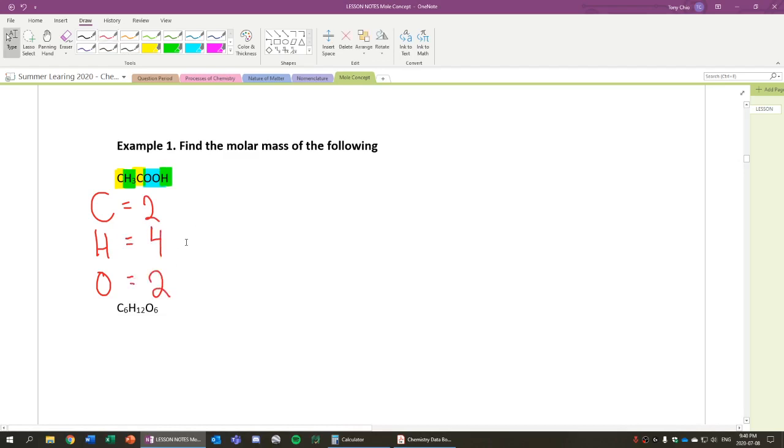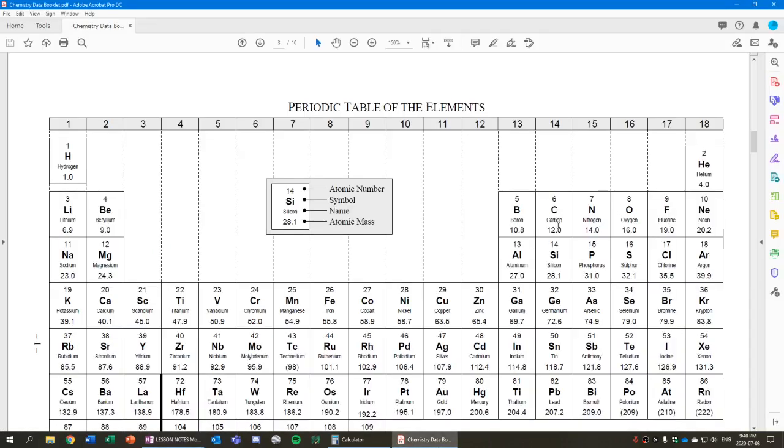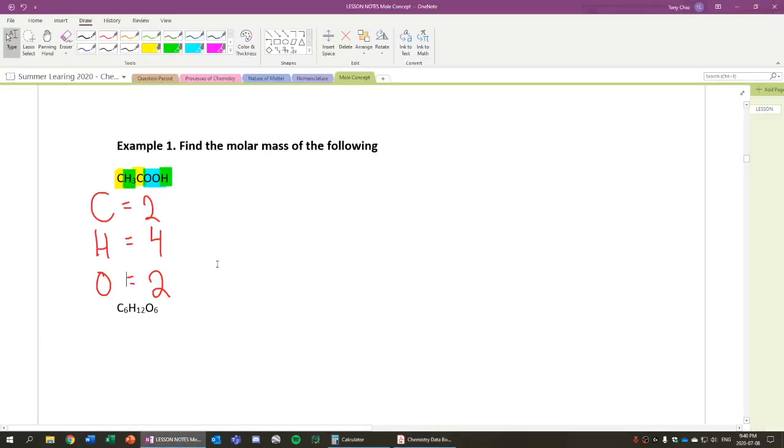Okay, what is the mass of 1 carbon? Well, based on the periodic table here, the mass of 1 mole of carbon is going to be 12. So we multiply this by 2 because we have 2 carbons, or 2 moles of carbon. What about hydrogen?